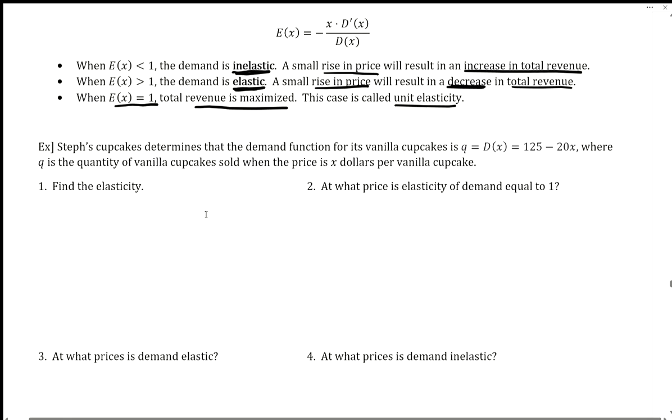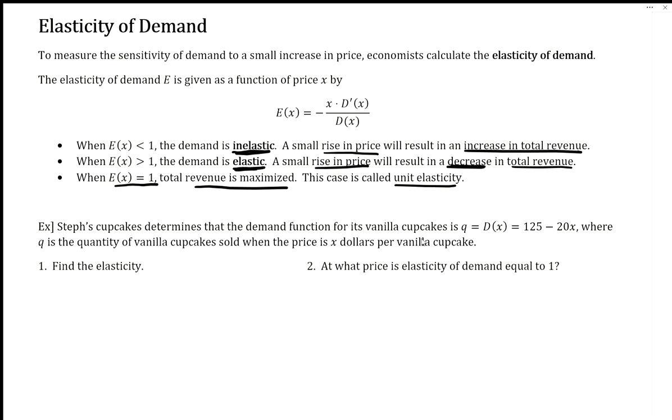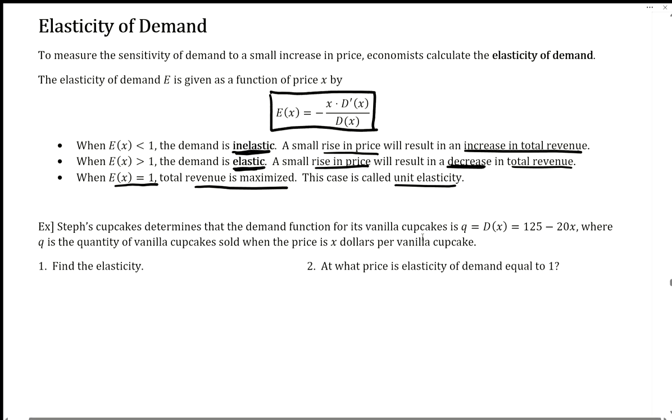In this problem, it says Steph's Cupcakes determines that the demand function for its vanilla cupcakes is Q equals D of x equals 125 minus 20x, where Q is the quantity of vanilla cupcakes sold when the price is x dollars per cupcake. Find the elasticity. So we want to make sure we've got this equation nearby when doing elasticity problems.